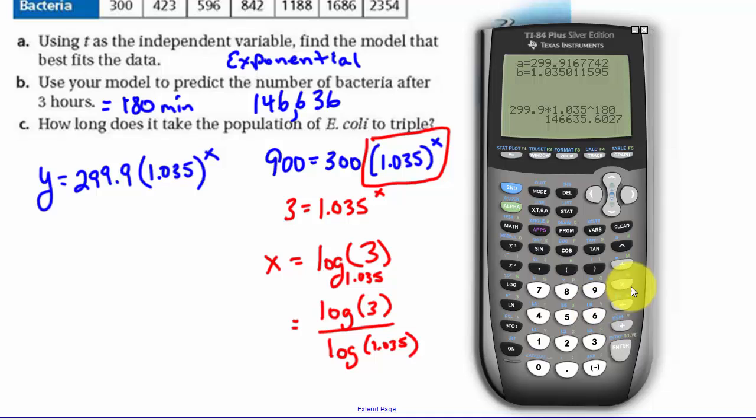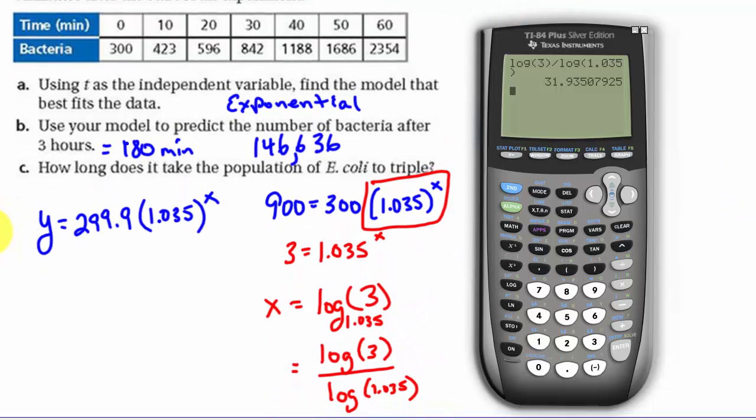So let's clear this off. So log of 3, close that parentheses, divide by log of 1.035, close that parentheses, press enter. And so x comes out to be 31.9, and we were measuring x in minutes.